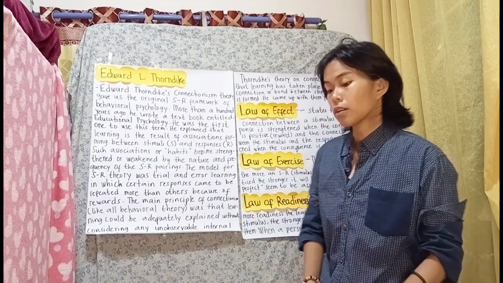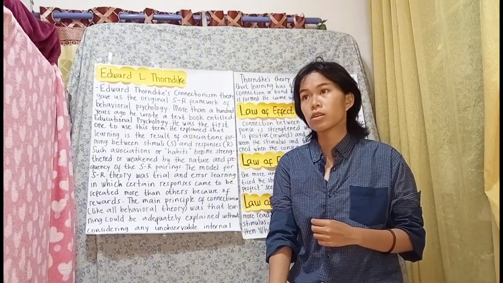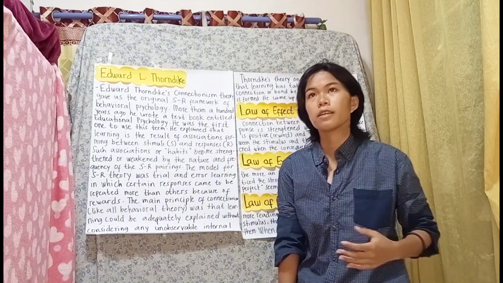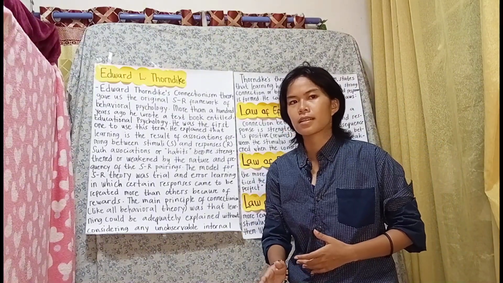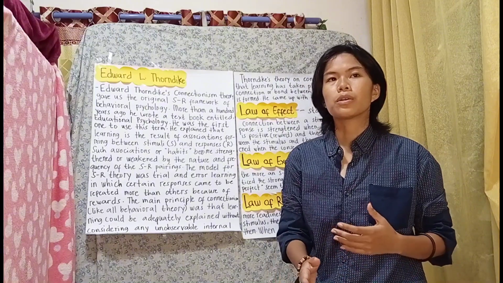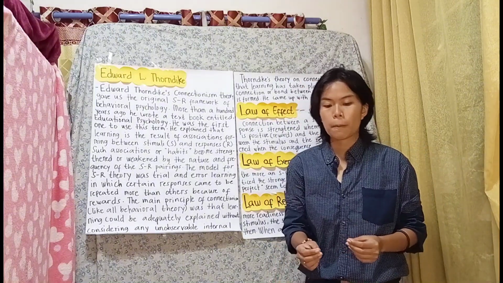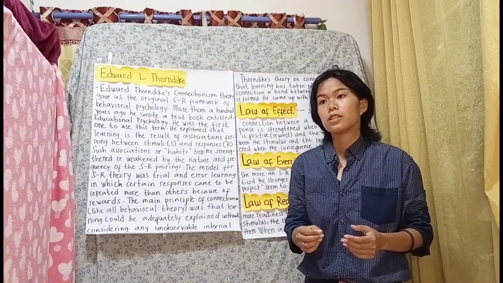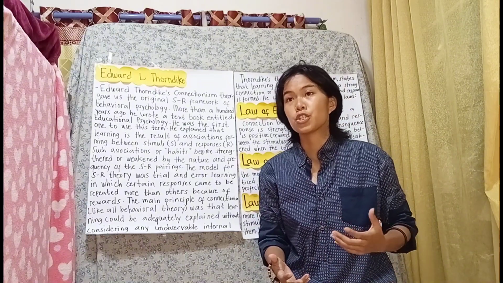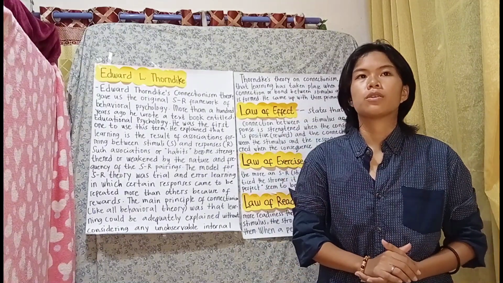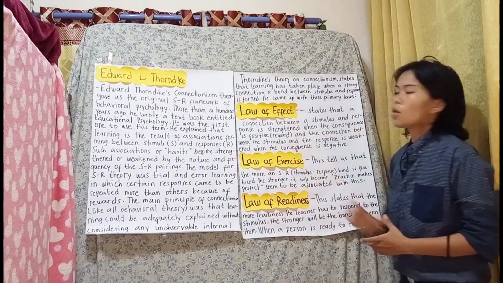When the dog sits down, that is the response. When the dog responds, you give the dog a treat or reward, so that the dog will always respond to your command because it leads to a reward. So that is the law of effect.